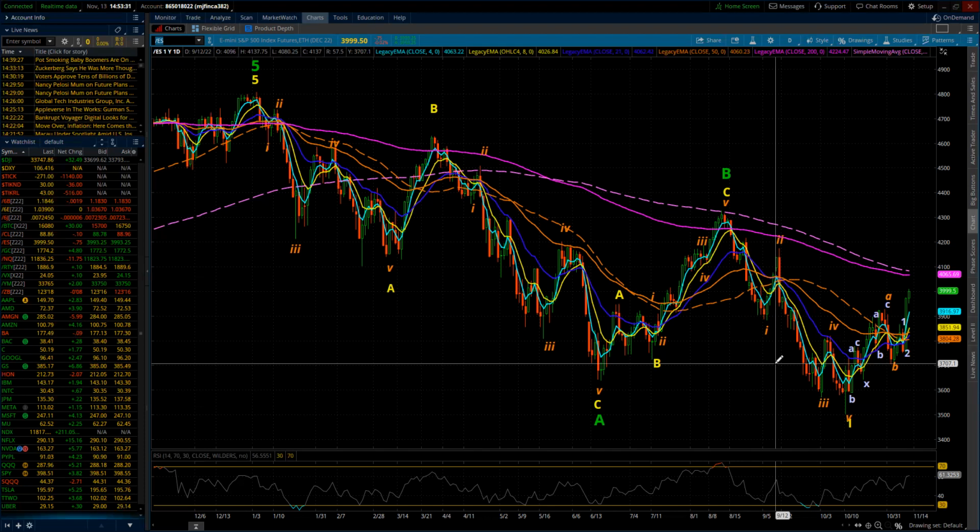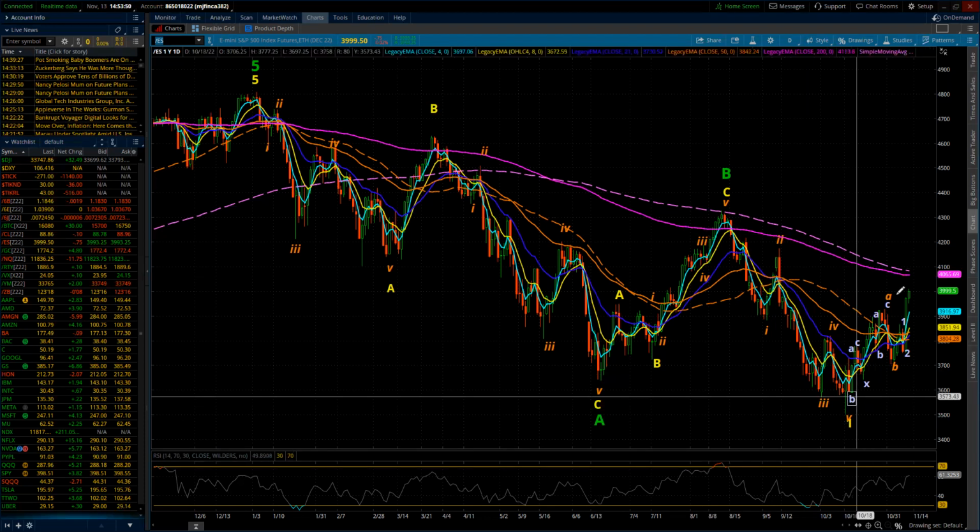And so I feel it appropriate right now, in view of what has transpired over the last several days, that has convinced many people that we're likely to continue to go higher. So here is the count as I'm still working it right now.